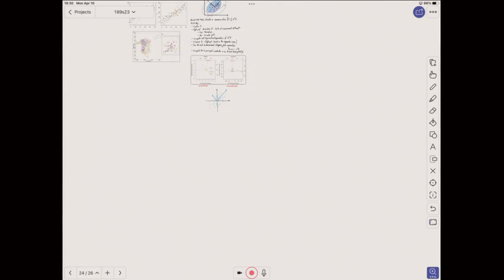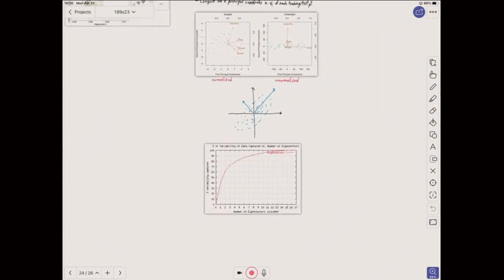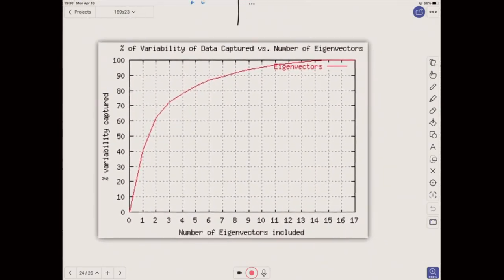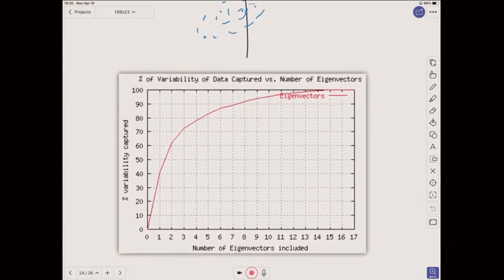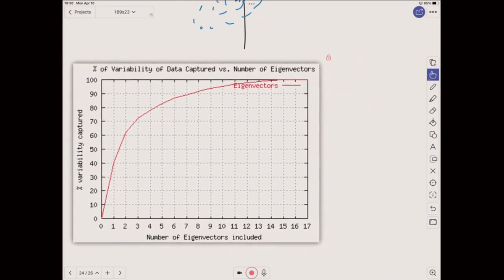The other thing I wanted to talk about briefly is how you might choose the number of principal components dynamically. Here's a drawing someone did where they took some data in 17-dimensional feature space. They did PCA, and they plot how much variance each of the 17 principal components has.